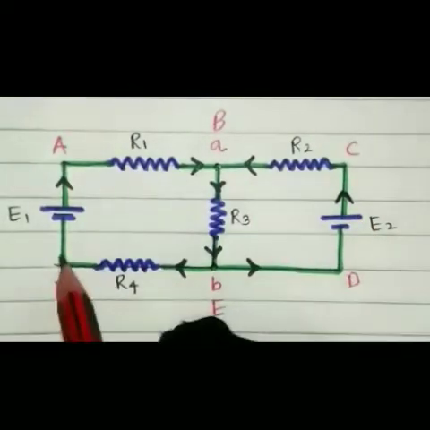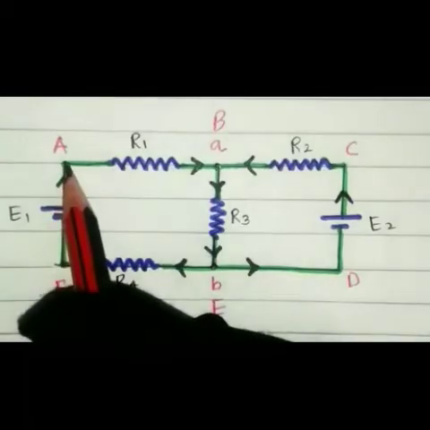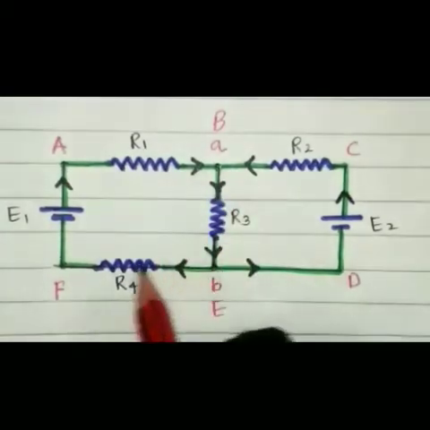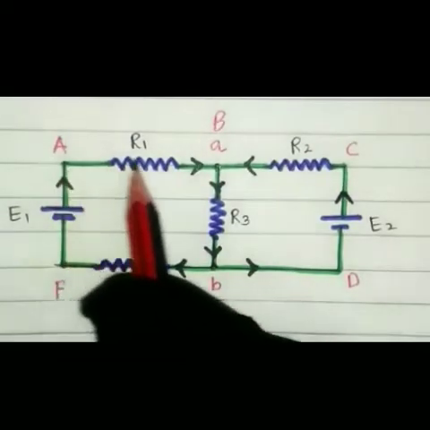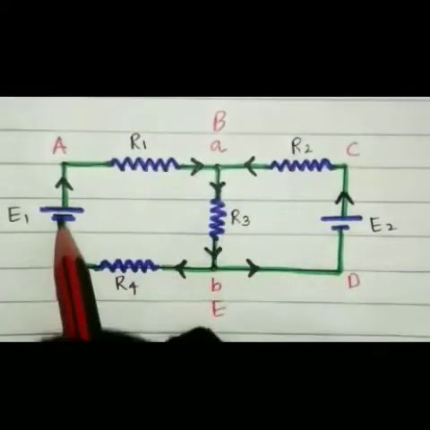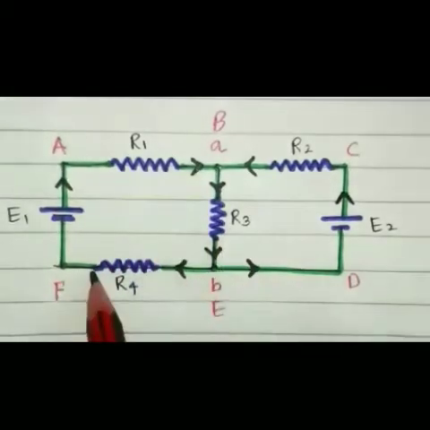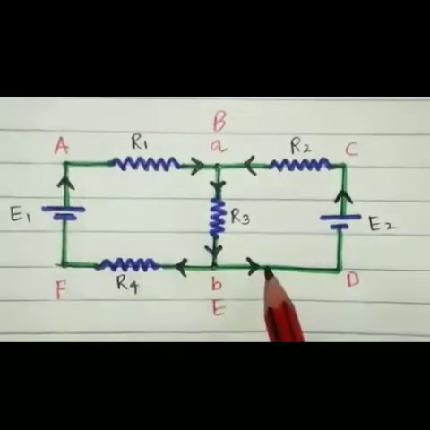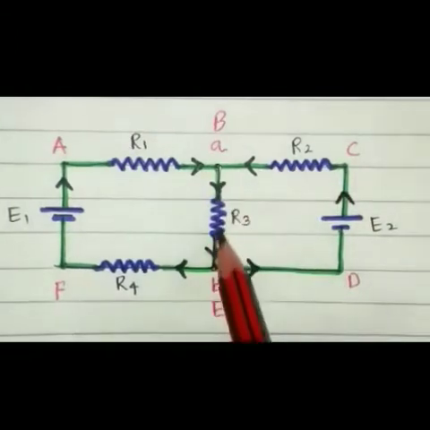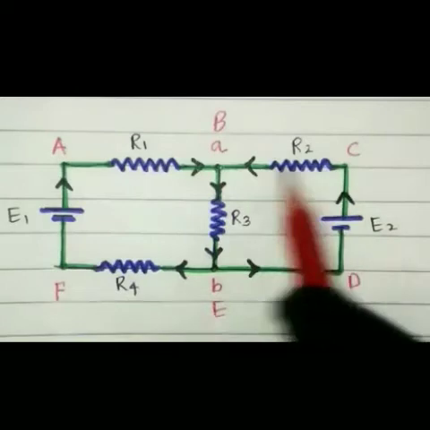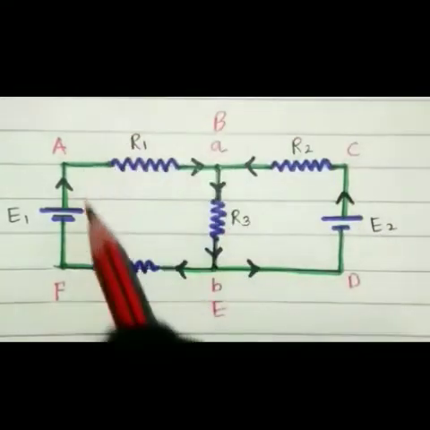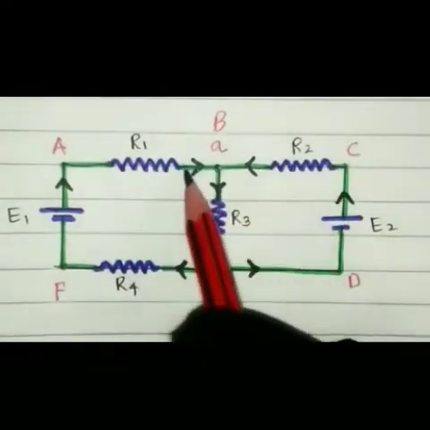Then I can have one more loop: A, B, E, F, and again A. This is a closed electrical path, so this is the second loop. Then I can have this loop also: B, E, D, C, and again B. So in the overall circuit, I have 3 loops.